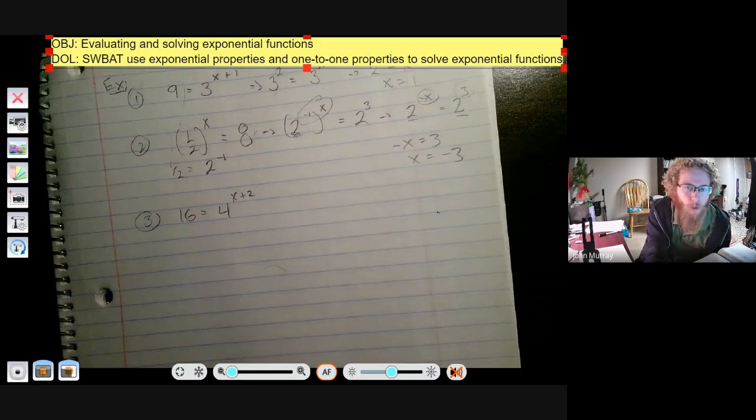So here we have 16 equals 4 to the x plus 2. So for neither of these do we have a prime number. But you can kind of think to yourself, both of those have factors of 2 involved. So we're going to try to break it down to 2 to some power.